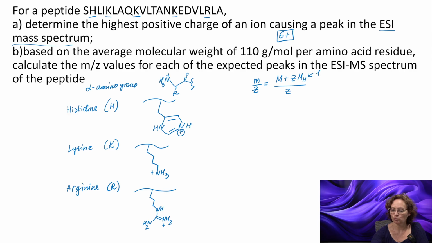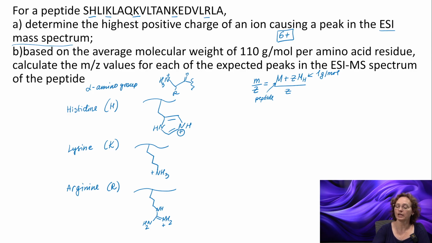Here, this mass is 1 gram per mole. So if we know the mass of the peptide, we can calculate the M to Z values for each of the expected peaks.